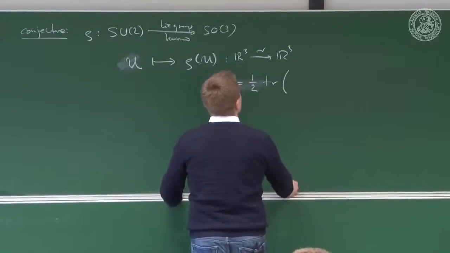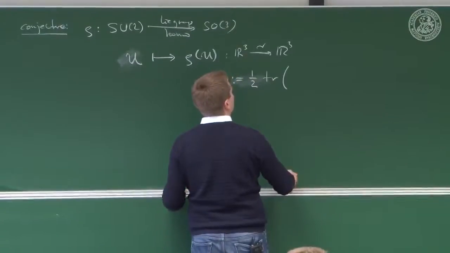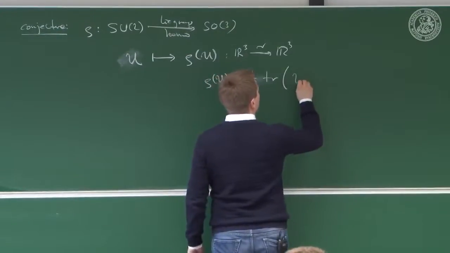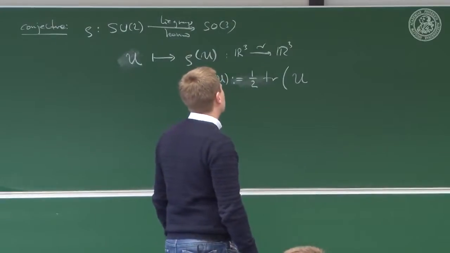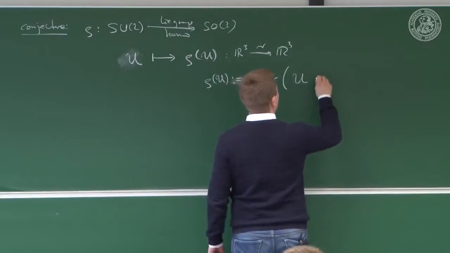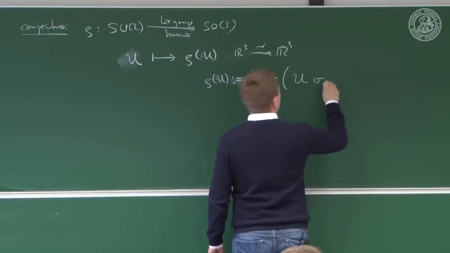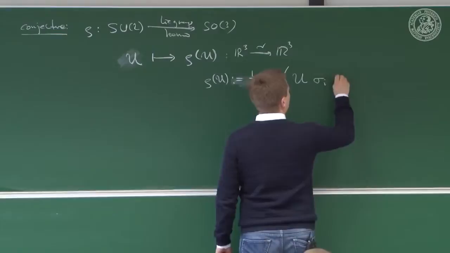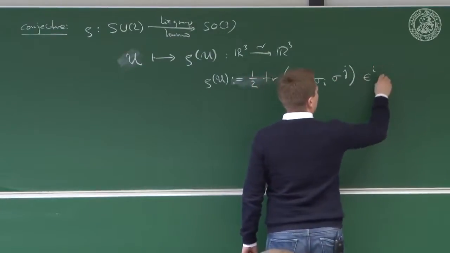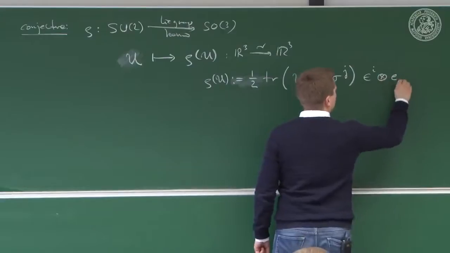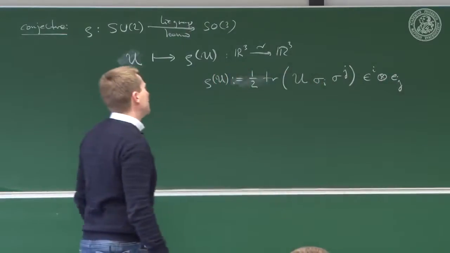You take the U, I'm a bit confused. You take the U, sigma, something is wrong. Hang on a second. Sigma I, sigma J, epsilon I, tensor EJ.